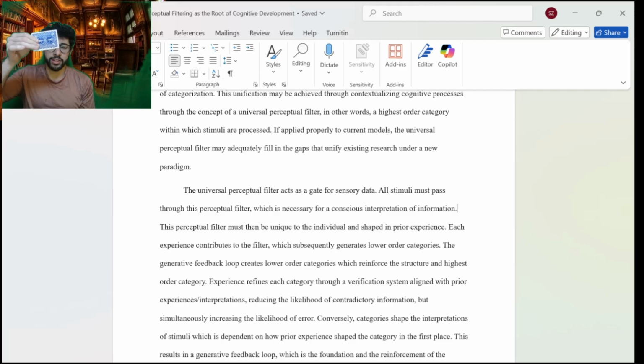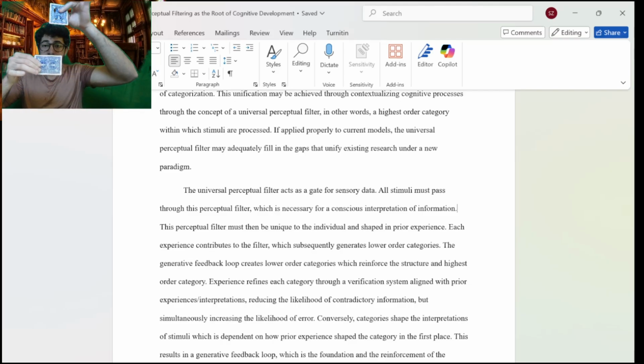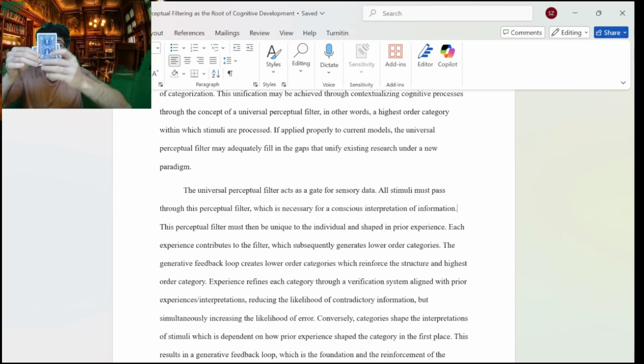Every single piece of information gets filtered through this category at the top. It must get filtered through this category. This category determines everything about you, your entire personality, who you are as an individual.